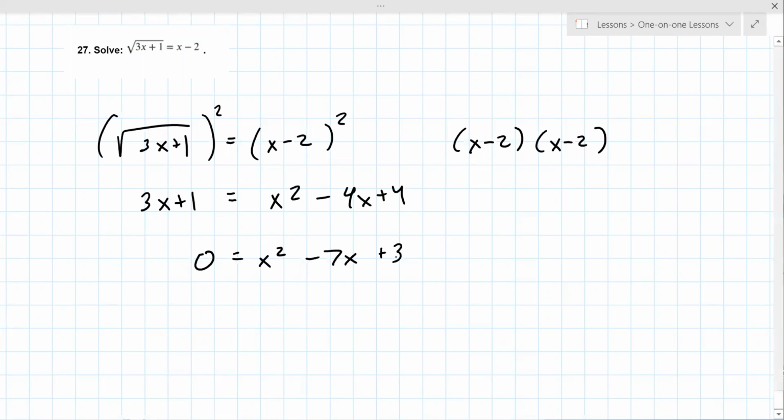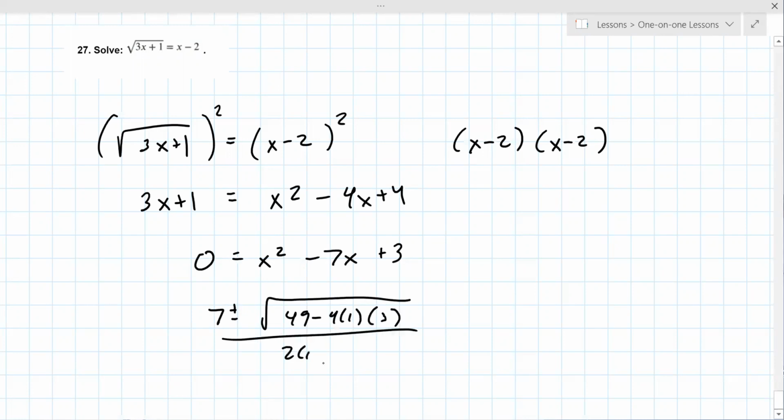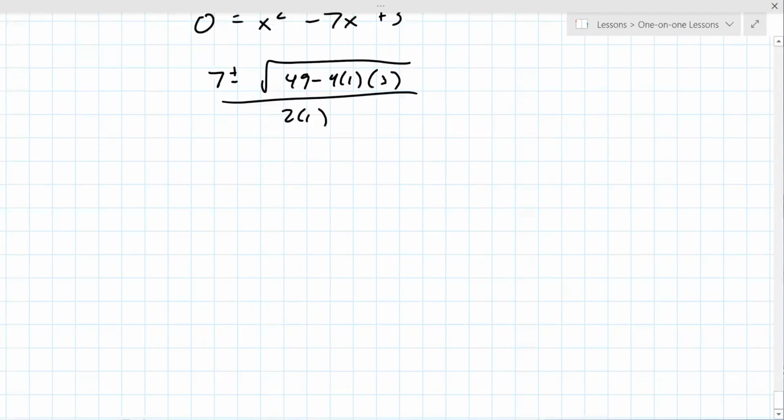It's 7 plus or minus the square root of 49 minus 4 times 1 times 3, all over 2 times 1. 49 minus 12 is 37. So you end up getting 7 halves plus or minus root 37 over 2. All right, on to number 28.